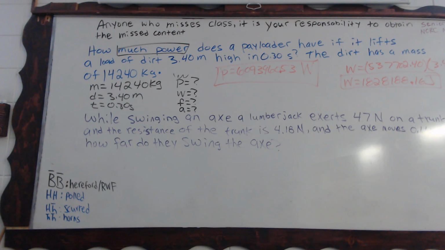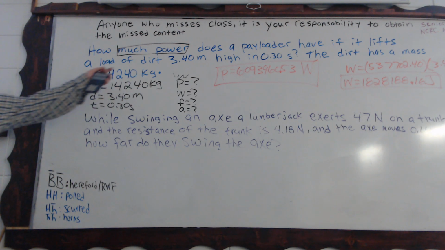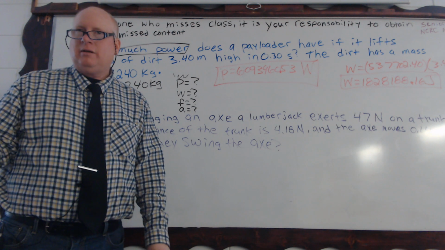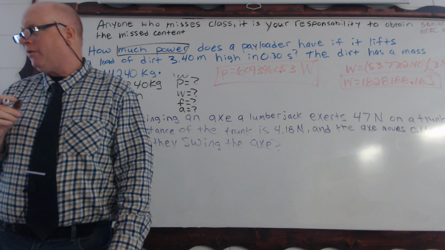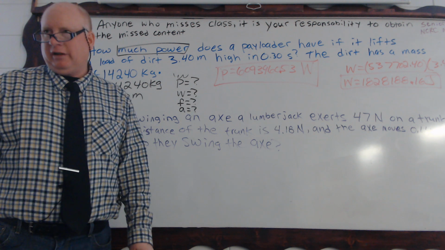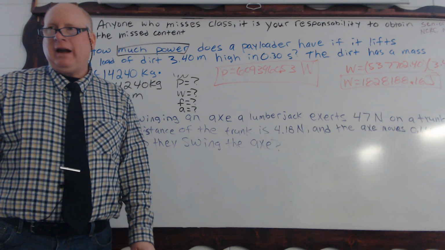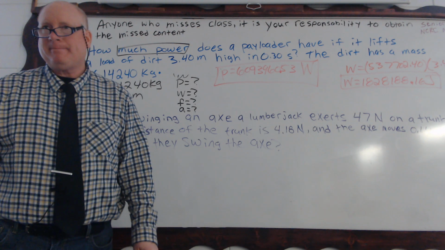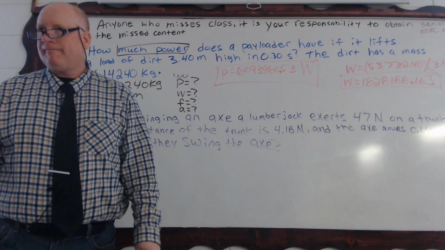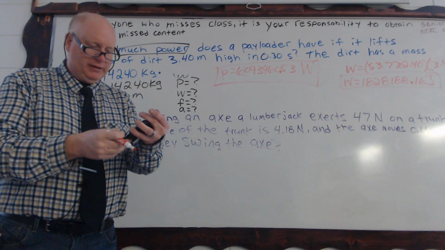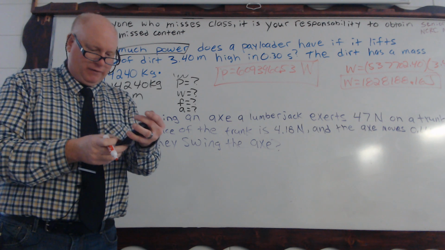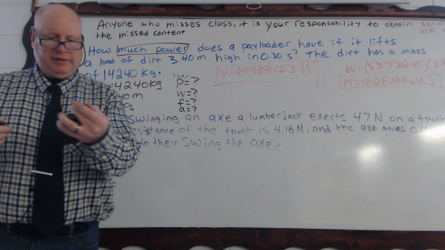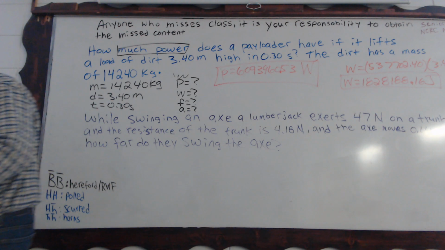Okay. Then finally, that answers this question, but maybe we want to know how much horsepower does that payloader have? So approximately, how would we find that? Power and 746. So if we divide this number by 746, yeah, I doubt that it has 8,000 horsepower.